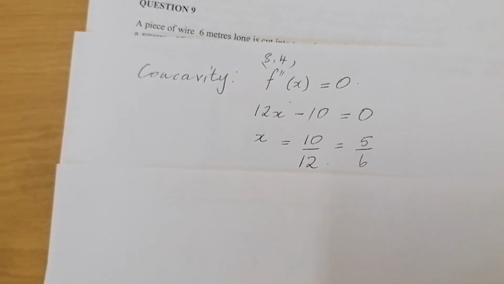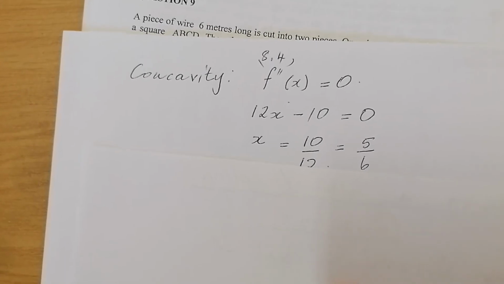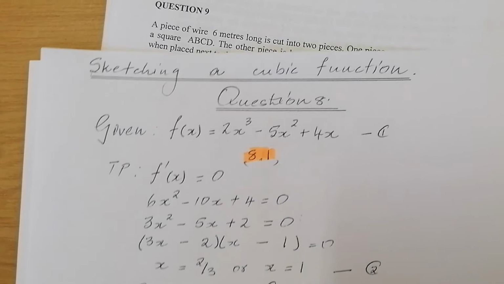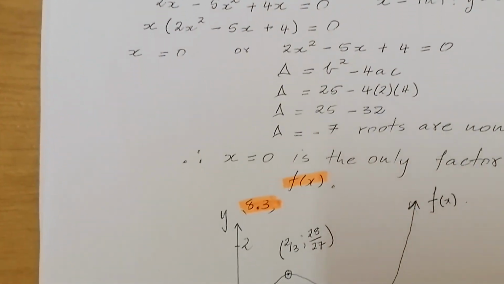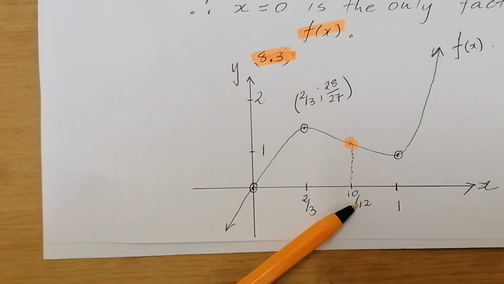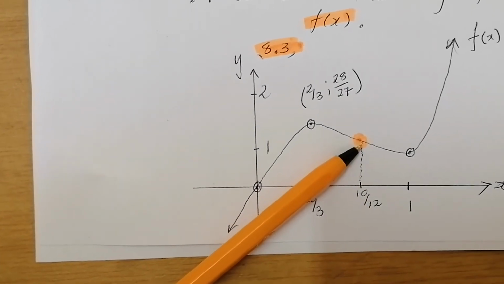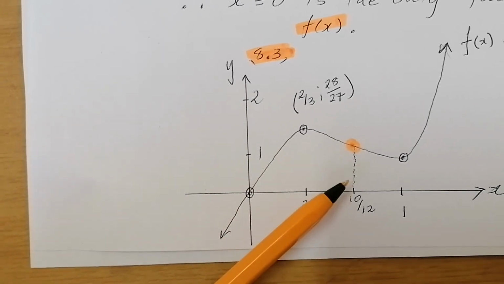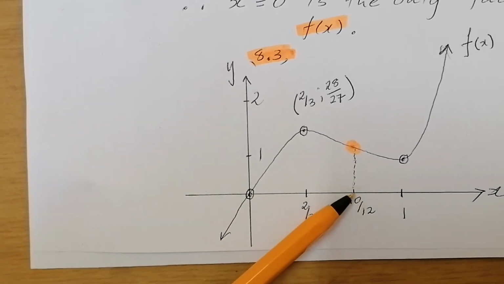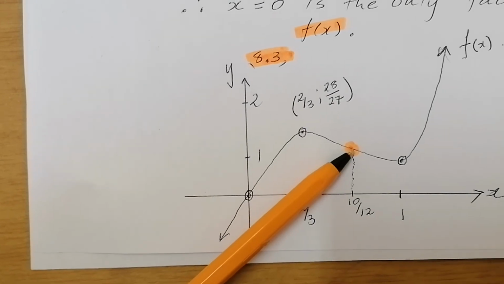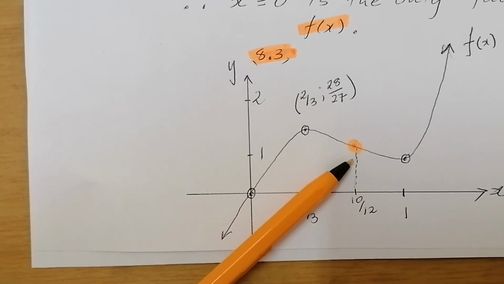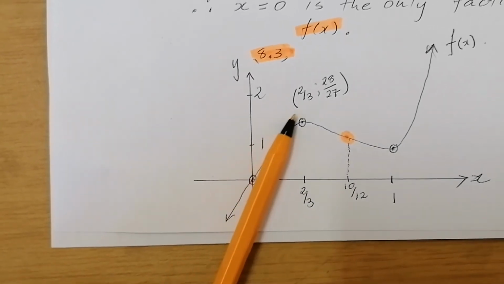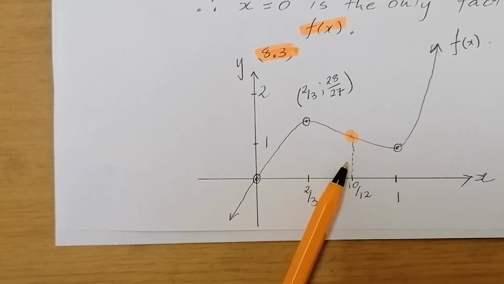Now, let's go to the graph and see what this 5 divided by 6 means to us. The 5 divided by 6 is the x value of that point. It means at this point, the value of x is 10 divided by 12, which is 5 divided by 6. Now the question is saying, for which values of x will this function be concave up?